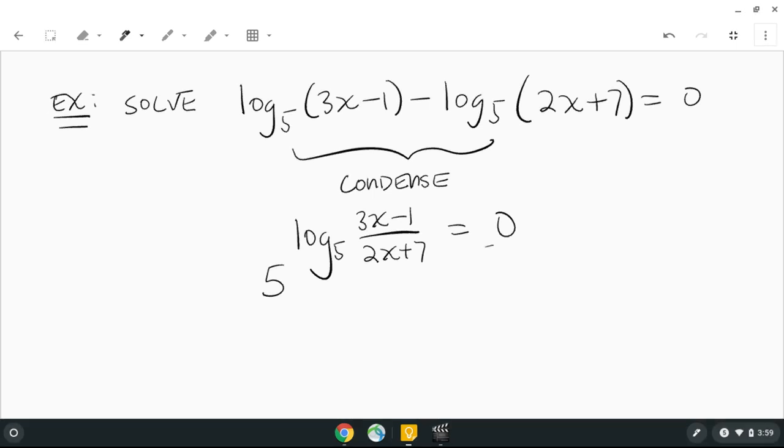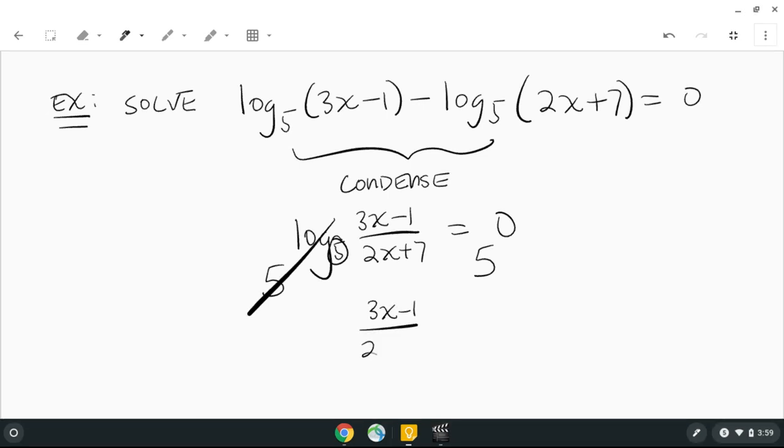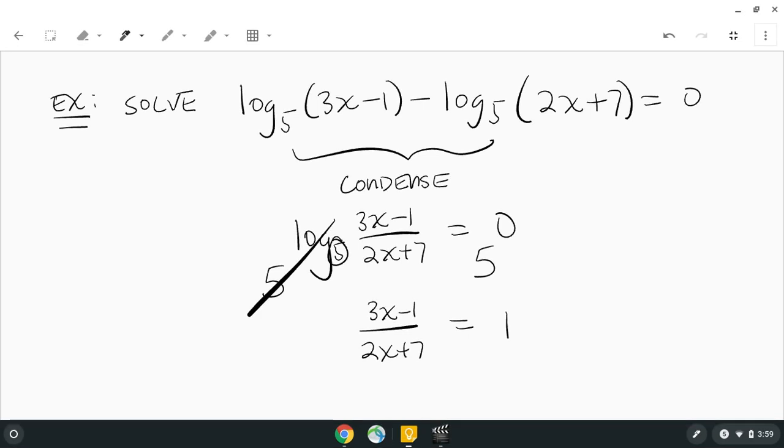So it always has to match the base like over here. So it's like they cancel. We're applying the property. It's not that they cancel, but for visual effect, we'll do that. And 5 to the 0 power is? Good. Did you say 1?